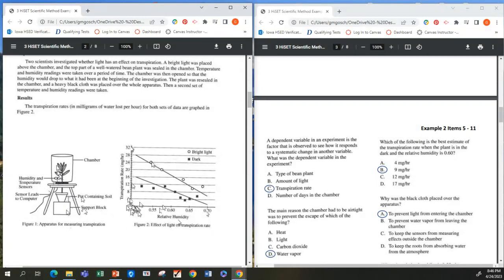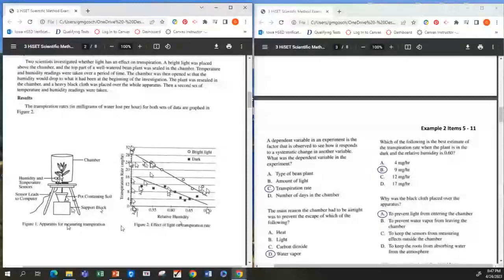Now I'm looking at our data points, these circles and squares. The circles represent readings in the bright light, and we only have 5 readings of that. They have 8 readings where the plant was in the dark. These lines are something we call trend lines, and they're just there to identify the trend of the data.